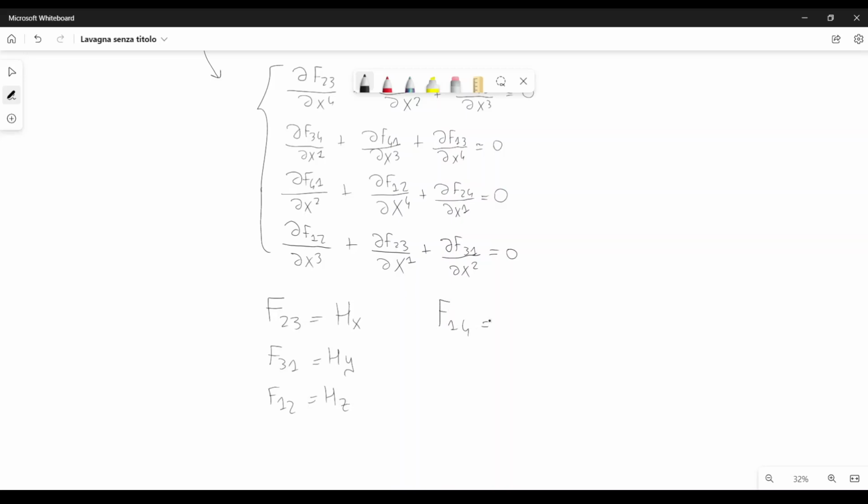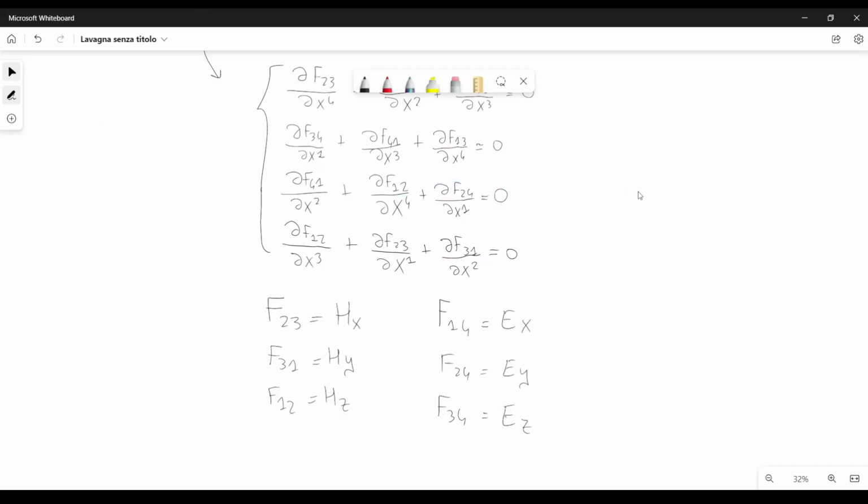f14 is equal to ex, the x component of the electric field, f24 is equal to ey, f34 equal to ez. Now these are the 6 independent components of the tensor f sigma rho, and the other components of course can be obtained from the fact that this tensor is antisymmetric.